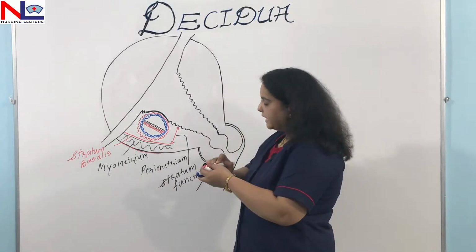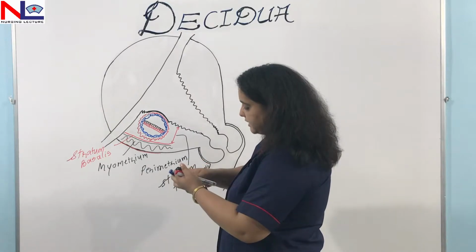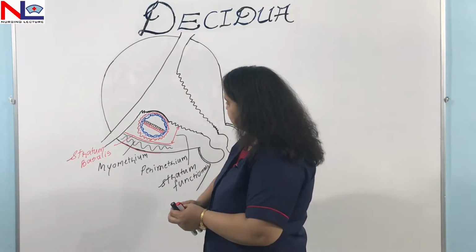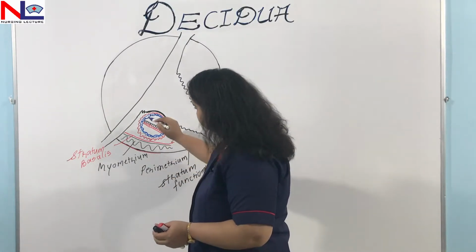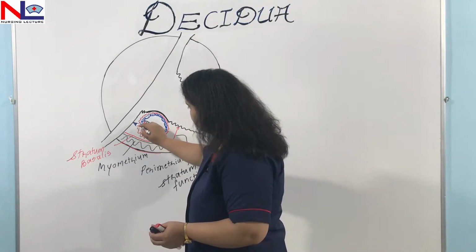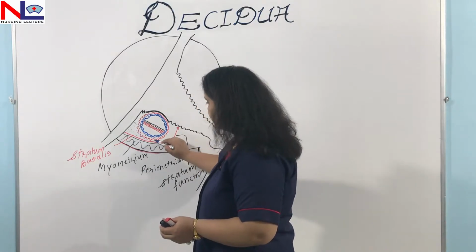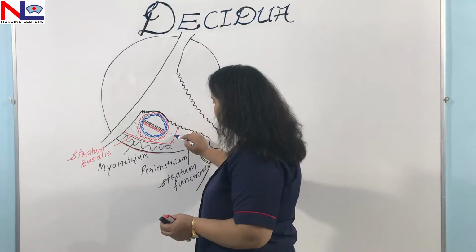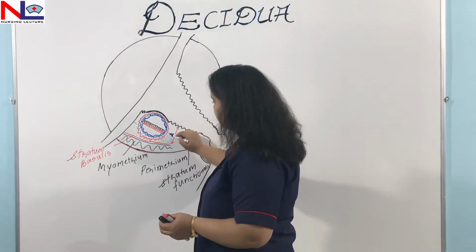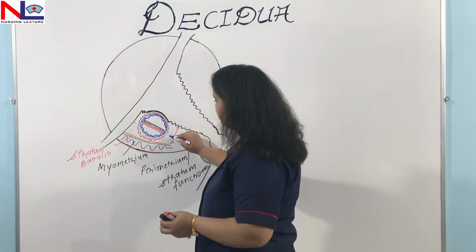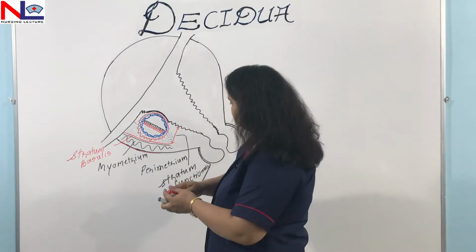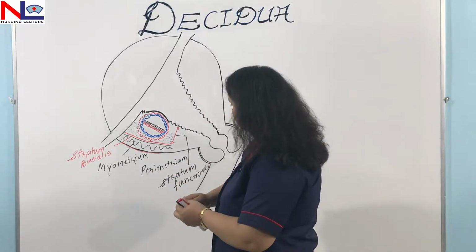So in this stratum functionalis there are again two layers. Here you can see this layer is the spongy layer, stratum spongiosum.